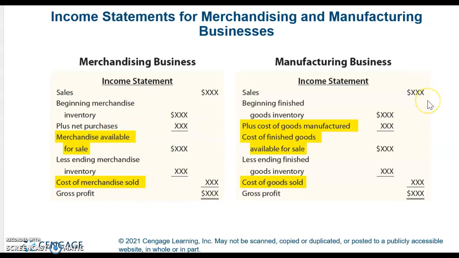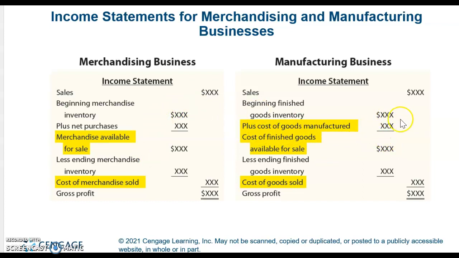Then for a manufacturing company, we're still going to have cost of goods sold. But to get to it, instead of merchandise inventory, I'm going to start with beginning finished goods inventory plus anything I made during the year. Instead of anything I purchased, it's anything I manufactured.